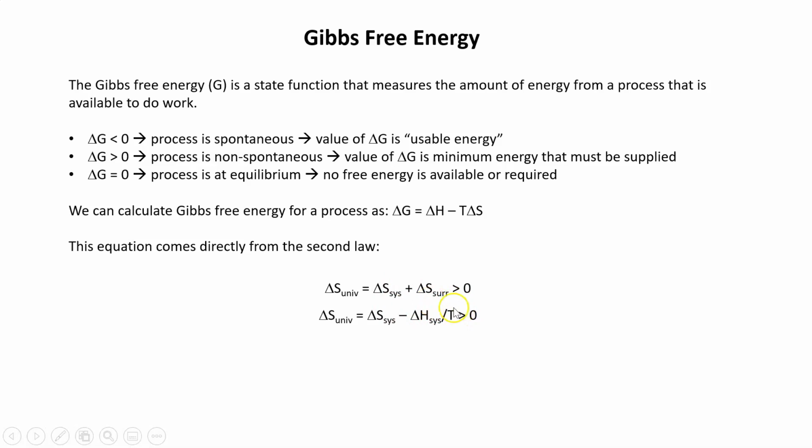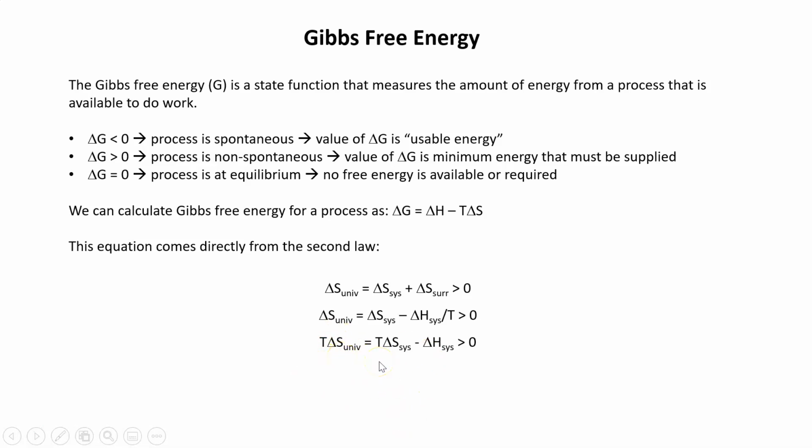This is just a simple replacement that we already talked about on the first slide. Nothing new. And now we're going to multiply through by temperature. So now everything's been multiplied by temperature, and we just have the enthalpy change by itself. We have T delta S for the system. So we're already getting pretty close to what we have up here. We just have to figure out the rest of this.